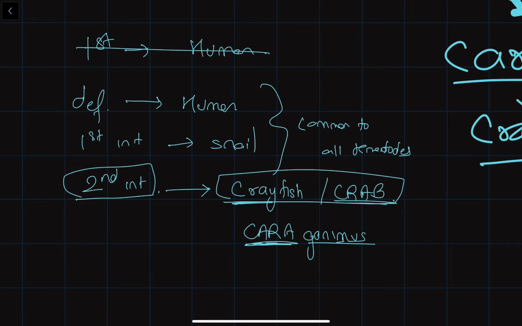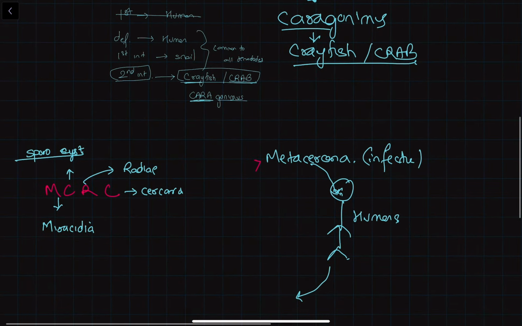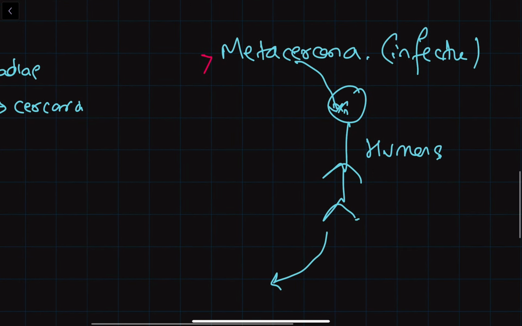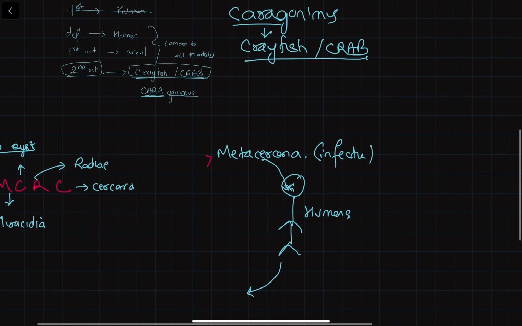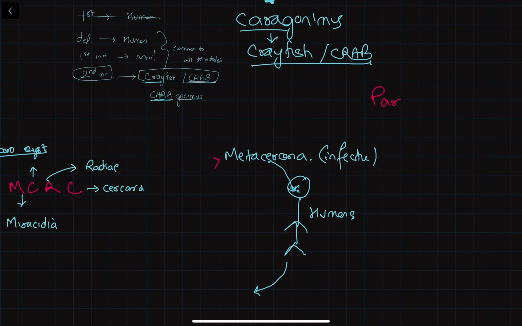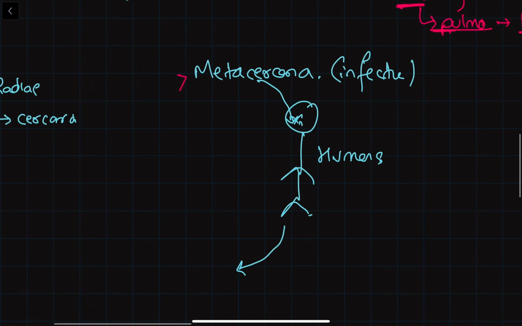Let's look at the life cycle of Paragonimus westermani. You can also remember that Paragonimus has P for pulmo, so it infects the lungs. How does it all start?